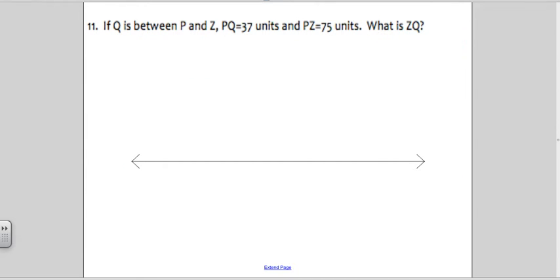Alright, number 11, if Q is between P and Z, and PQ is 37 and PZ is 75, what is ZQ? So again, draw the picture so we know P and Z is here and Q is between them.